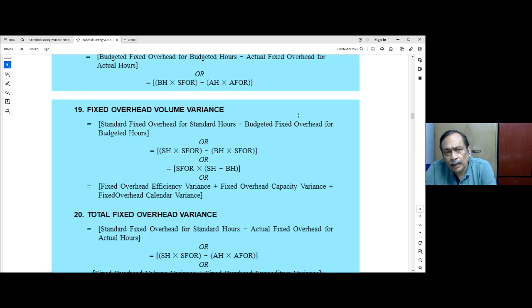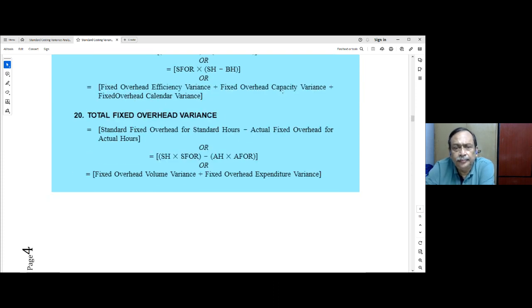Or from a checking point of view, fixed overhead efficiency variance plus fixed overhead capacity variance plus fixed overhead calendar variance. Then total fixed overhead variance may be computed, that is standard fixed overhead for standard hours minus actual fixed overhead for actual hours, or SH into SFOR minus AH into AFOR.